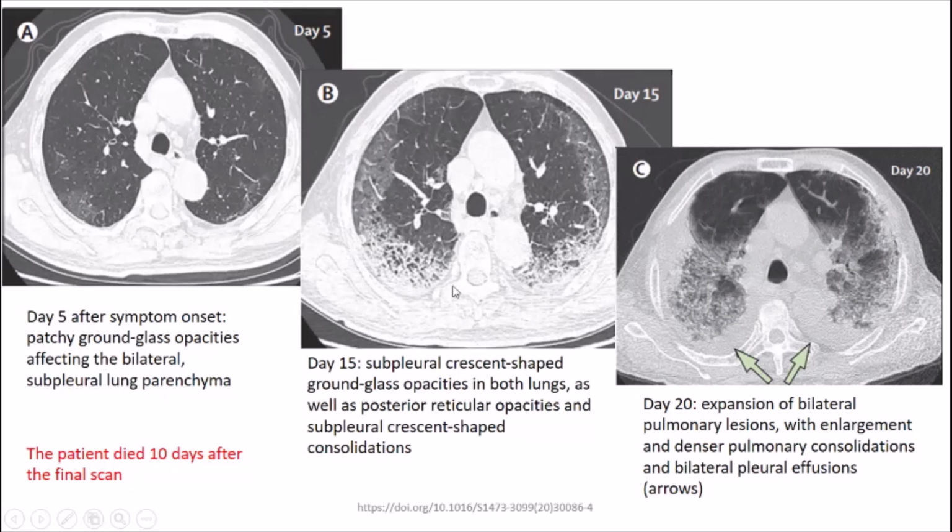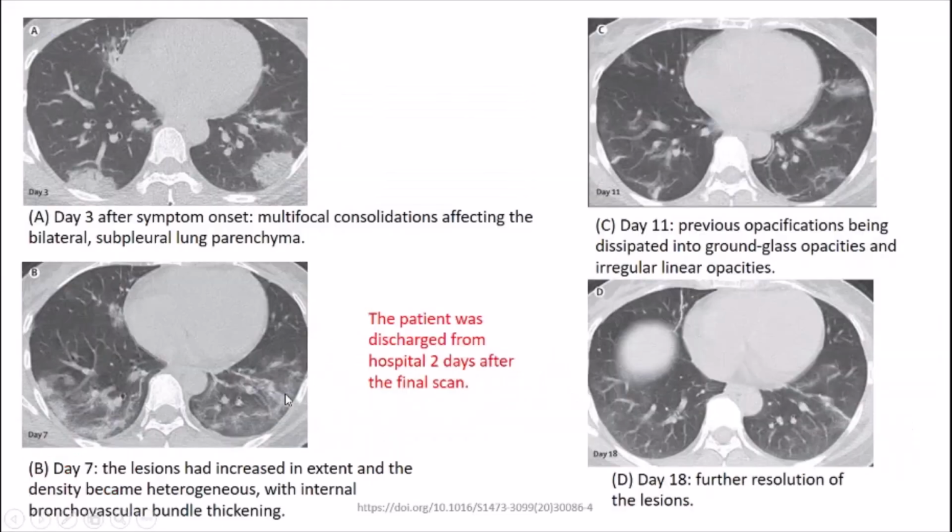So this is a typical case of COVID-19 with extensive lung involvement, which deteriorated much more with an increase of the consolidation and less ground glass, but also the patient had pleural effusions. The patient died 10 days after the final scan.